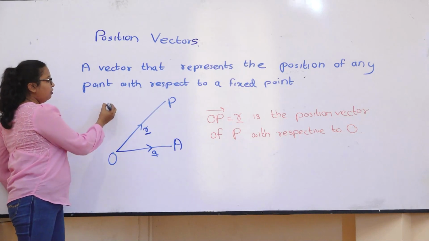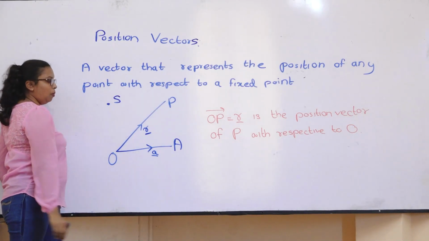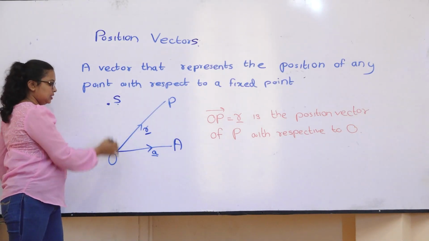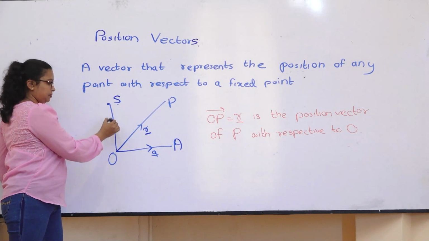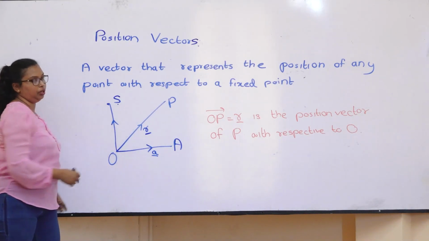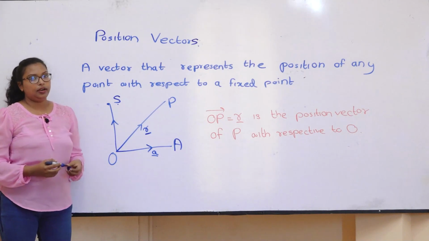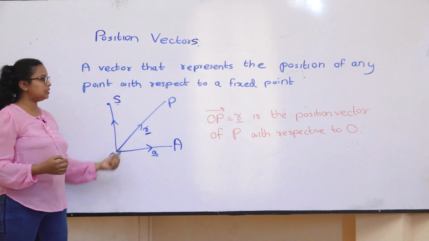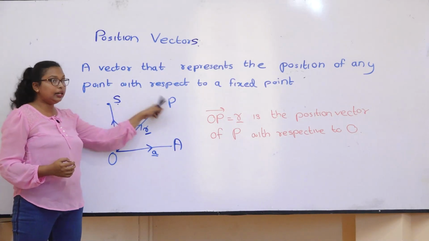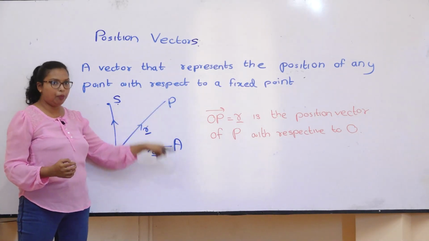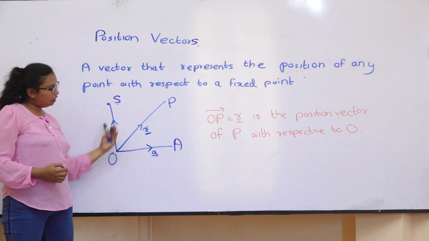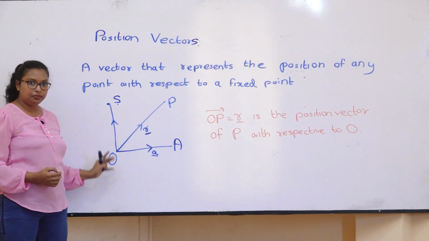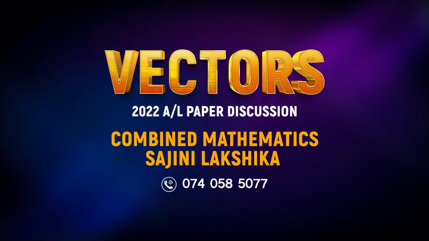Say you have a point S here, position vector of point S is OS. Like that. This is a very simple thing. We are always representing the vector relevant to that particular point, with respect to another arbitrary fixed point.